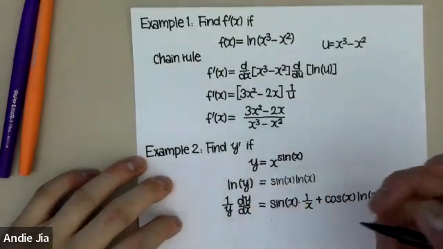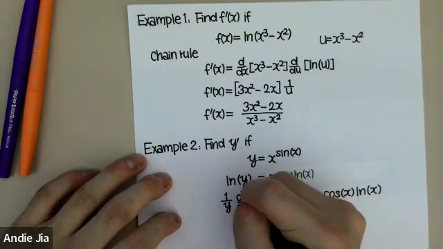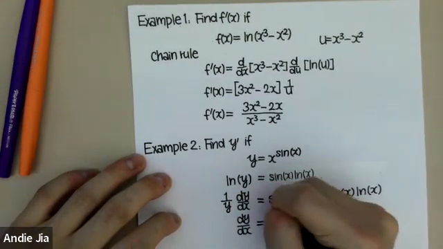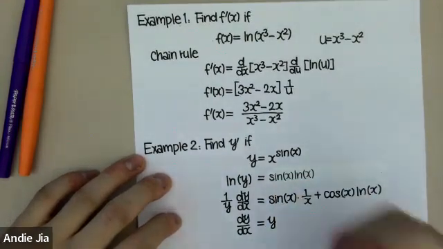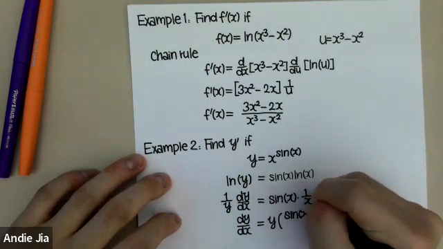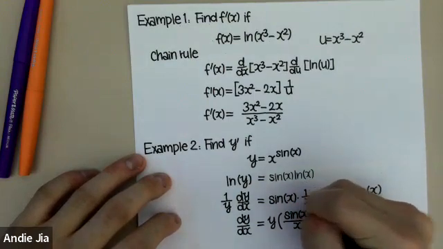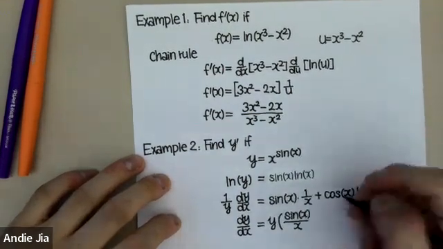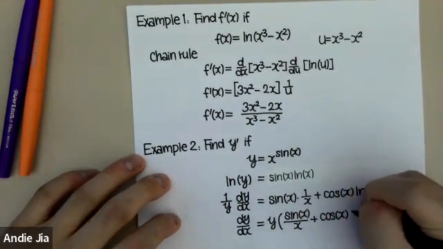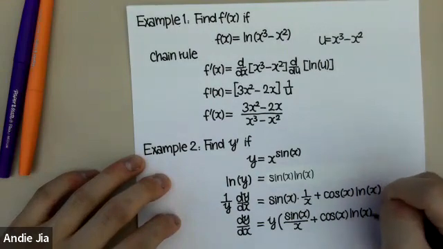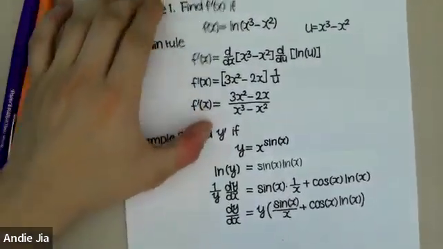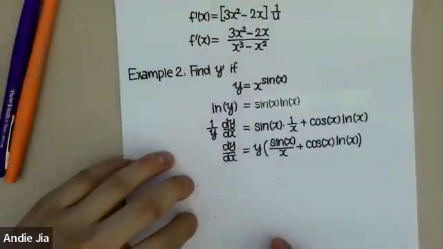Then multiply by y, so we get dy/dx. It is here. It's going to be the cosine of x times the natural log of x, and y is x to the power of sine of x.